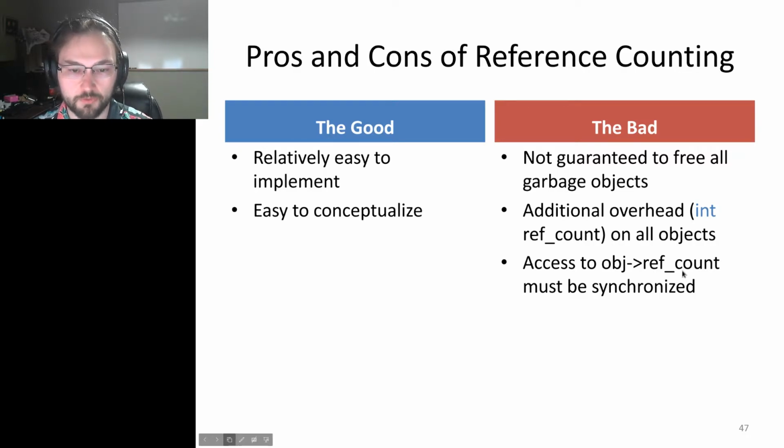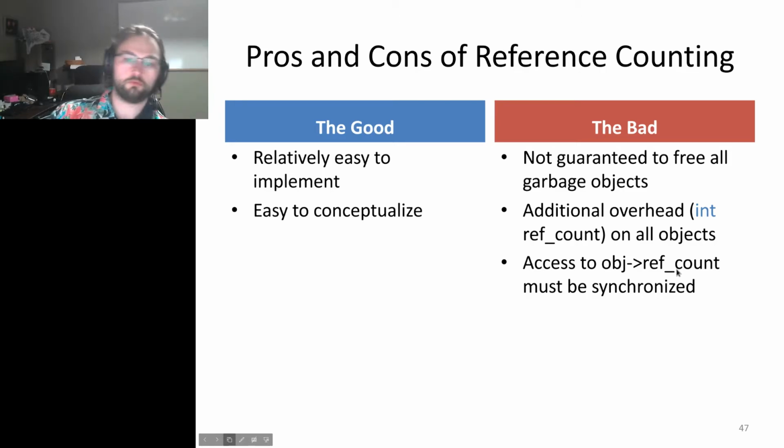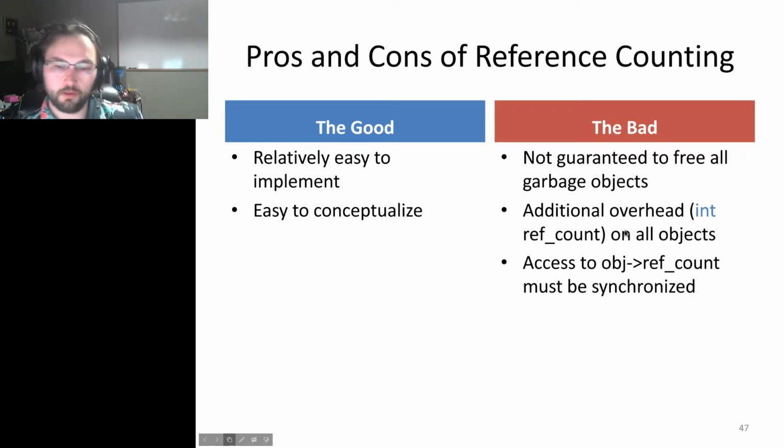And if you're doing this with multiple threads, you have to think about, do we put a lock on that? Well, hopefully not. We can use atomic instructions, but atomic instructions are kind of slow. And in fact, they're slow enough that we don't necessarily want to be doing atomic operations every single time we assign a new reference to a variable. So these are design issues that have to be dealt with if you're going to be taking advantage of reference counting as your memory management system, garbage collection system overall.